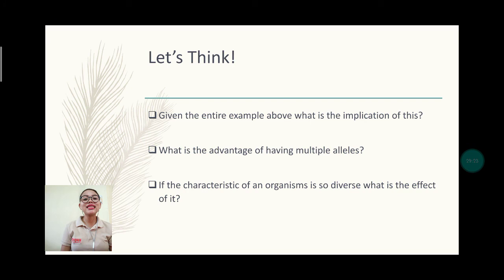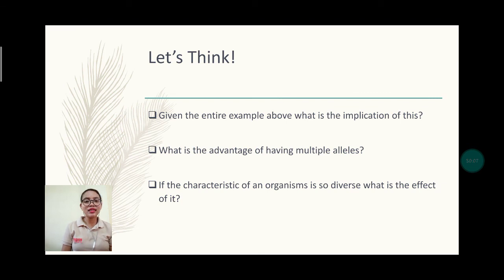Okay, given the entire example above, what is the implication of this, class? It only implies that the characteristic of an organism indicates what kind of characteristics they inherit from their parents. Next question. What is the advantage of having multiple alleles?